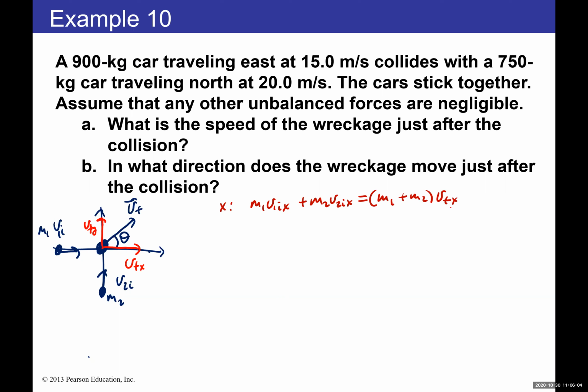Then for the second one, I have m1 v1 initial y plus m2 v2 initial y equals m1 plus m2 times v final y. All right. So now there are a number of ways we can solve this problem.